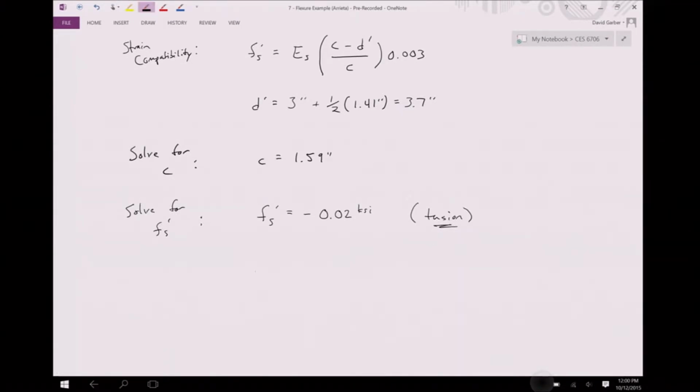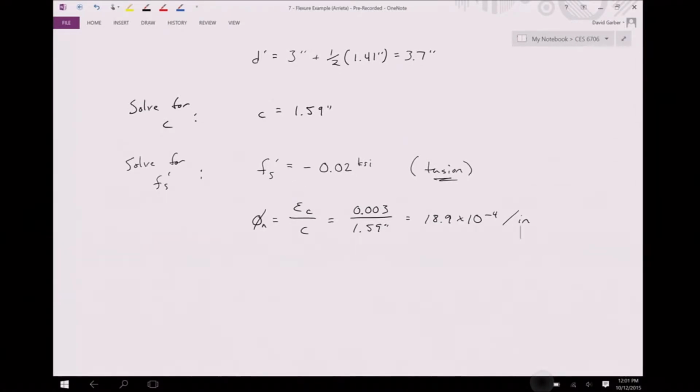We can calculate our curvature as well, which we'll need. So epsilon c over c, our strain at the ultimate over 1.59 inches, equals 18.9 times 10 to the negative fourth radians per inch.